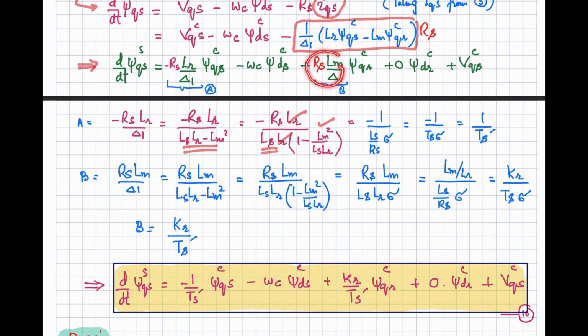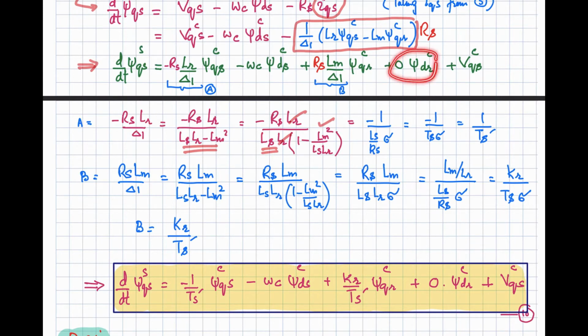Similarly, this term Rs Lm by lambda 1, if we use the definitions, we can write like this. So finally this equation can be written like this: the derivative of phi QS is minus 1 by Ts prime into phi QS minus omega C phi DS plus Kr by Ts prime into phi QR.